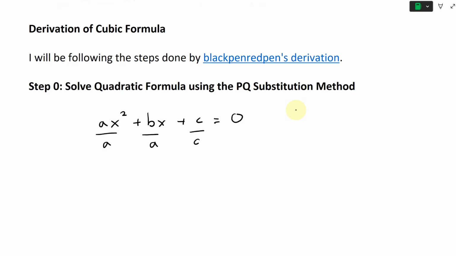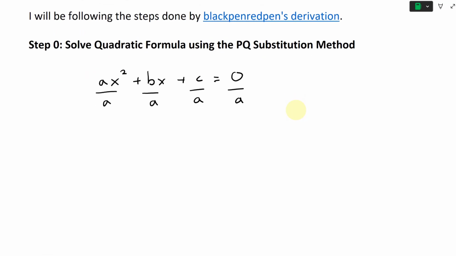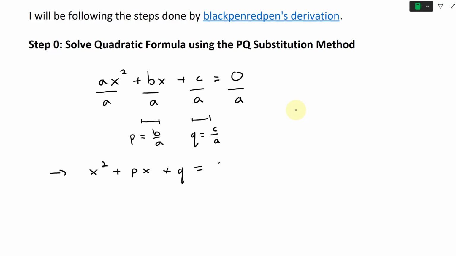Now what we end up having is, this term here will cancel, the 0 is still 0, but this part right here we'll call p, so p is equal to b over a, and this part right here we'll call q, so q is equal to c over a. So what this ends up being is x squared plus px plus q equals 0.